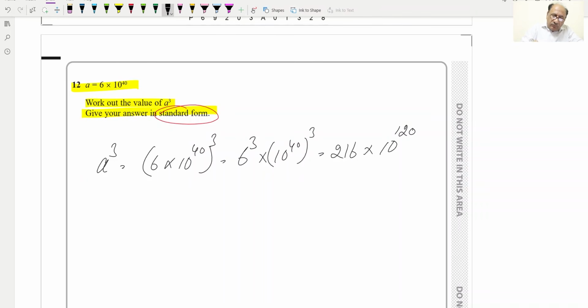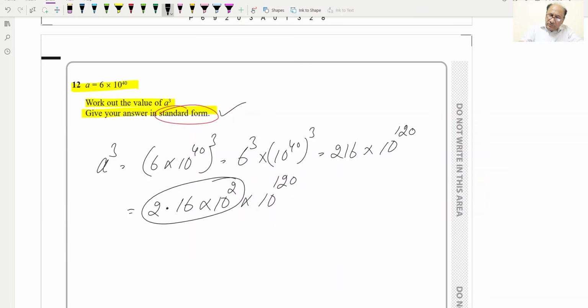But we have to provide the answer in standard form, so standard form will be 2.16 into 10 raised to 2, into 10 raised to 120, and this again results in 216. So 216 we have written in this form, so we can write 2.16 into 10 raised to 122.